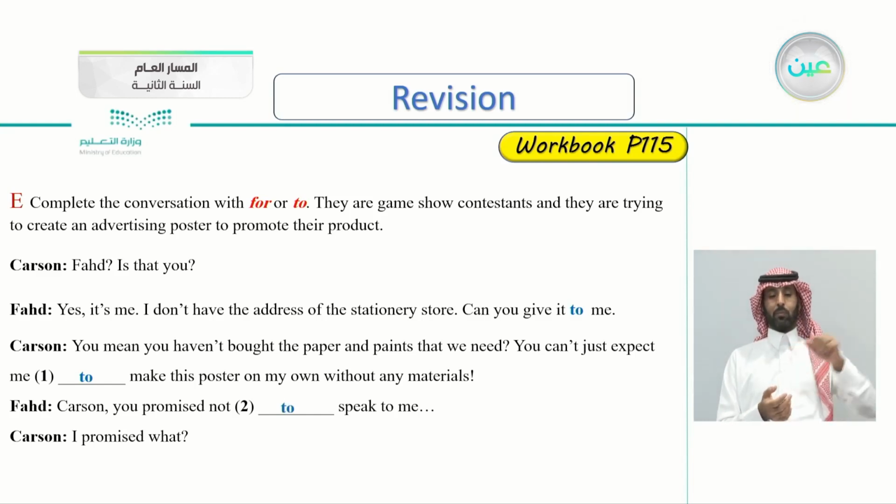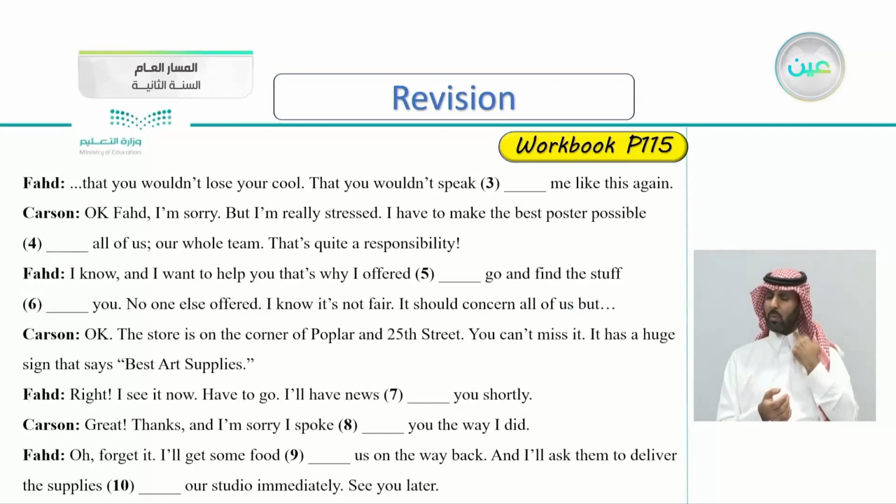Carson: I promised what? Fahad: That you wouldn't lose your cool, that you wouldn't speak to me like this again. So number 3 here. Yes, that you wouldn't speak to me like this again. Carson: Okay, Fahad, I'm sorry, but I'm really stressed.